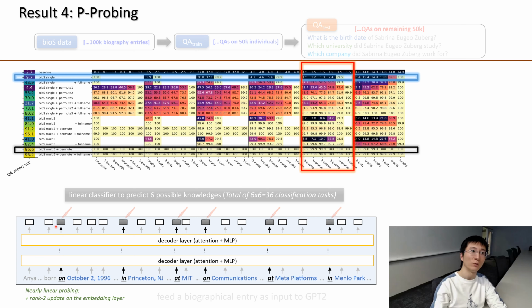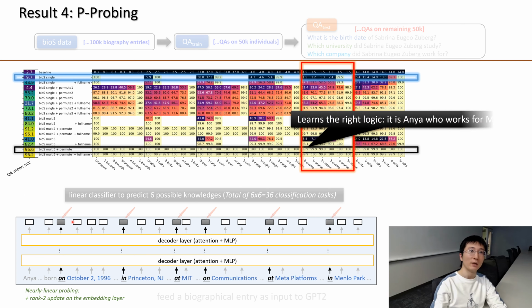Meaning that even if you were very early on, right after the person's name, before the appearance of any attribute, already here, you can extract the person's employer's name with 99.9% accuracy by using a linear predictor from here. In other words, if you augment the data, then the model will actually learn the right logic. That is, it is Anya who works for Meta, because the knowledge of this Meta platform is stored only on this person's name.